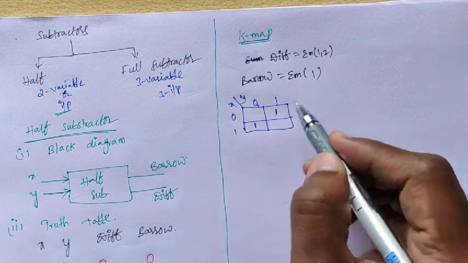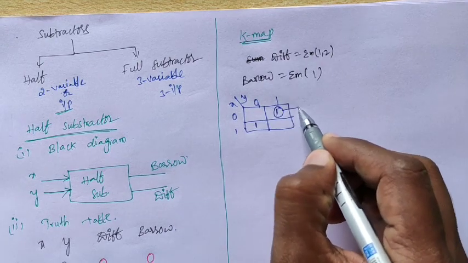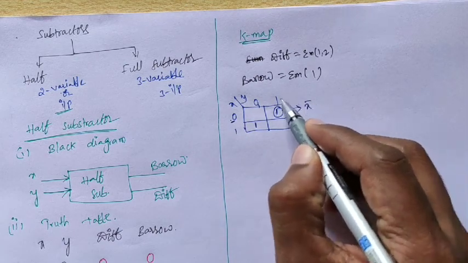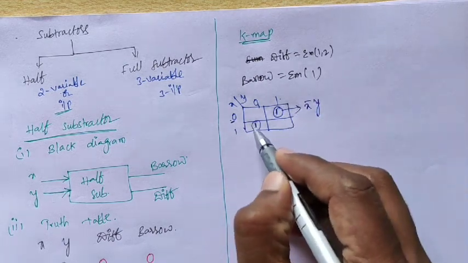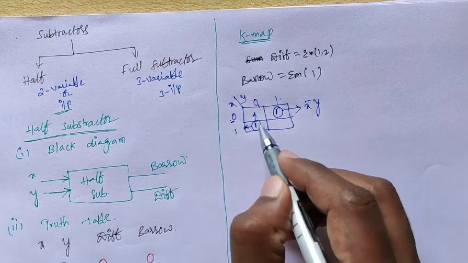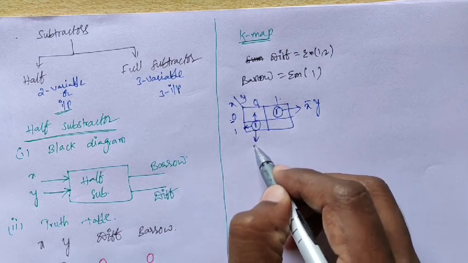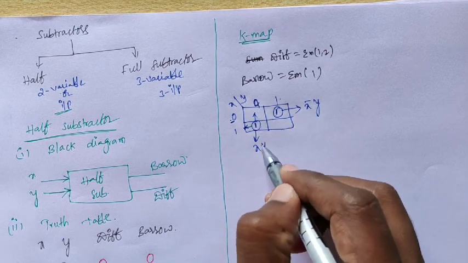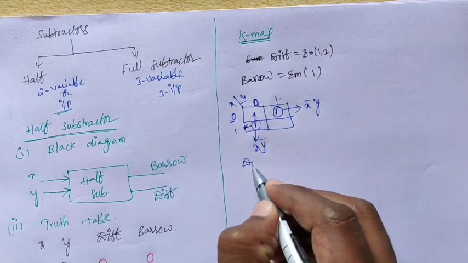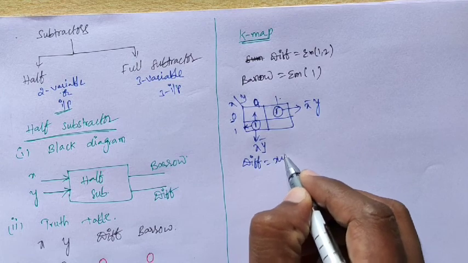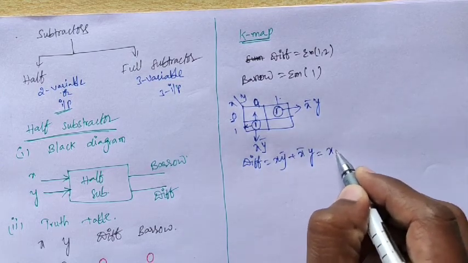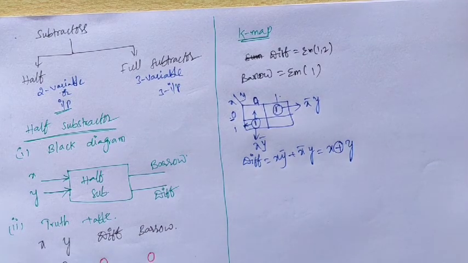There are no adjacent terms, so we write them individually. Row indicates x bar and column indicates y; in the other term, the row represents x and column 0 indicates y bar. So the difference expression is x y bar plus x bar y, which is in the form of x exclusive-OR y.